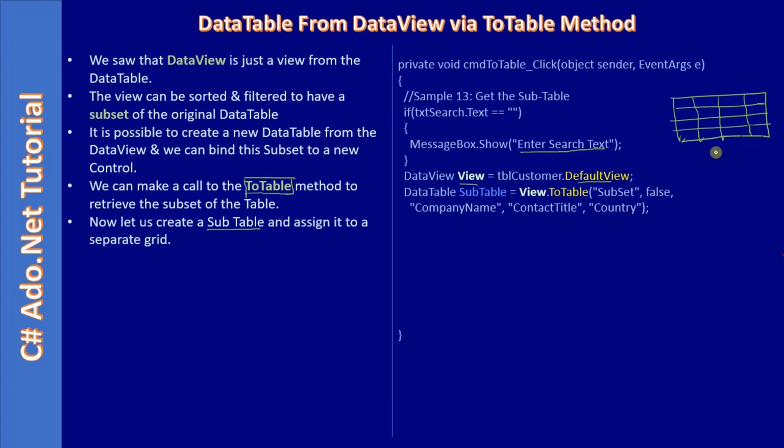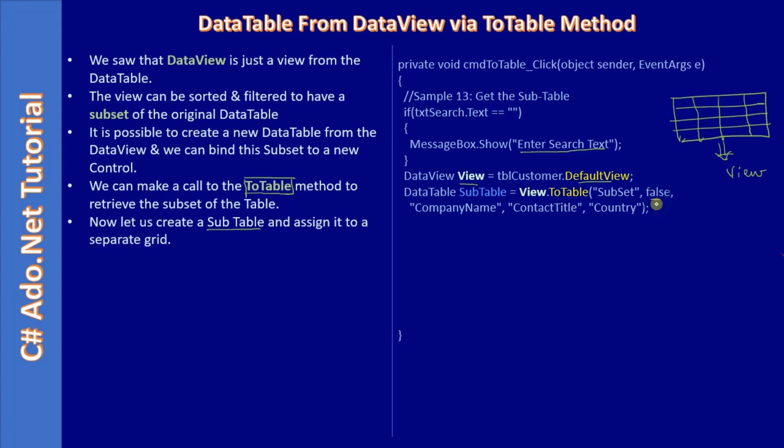Using the default view, we retrieved the view, right? So the data table as well as the view are both the same at this moment, which is nothing but the complete content of our parent data table. Next, we are making a call to view.ToTable, and we are calling that table a subset.